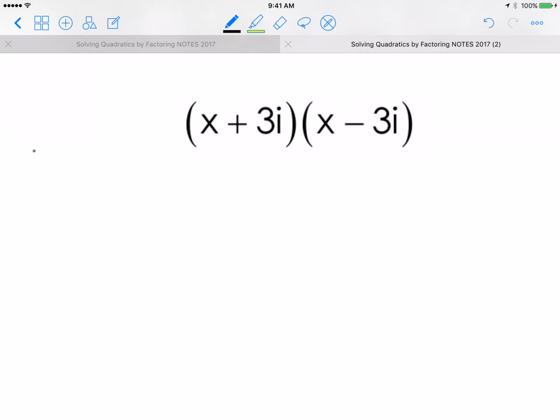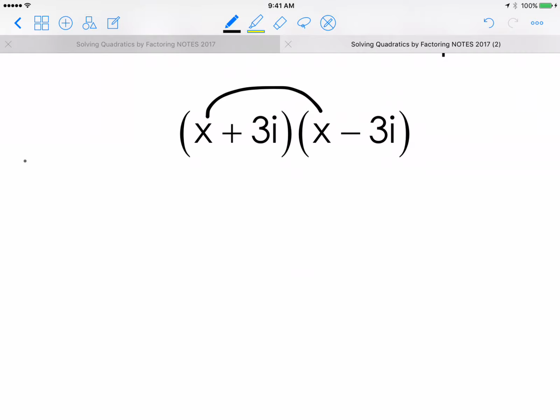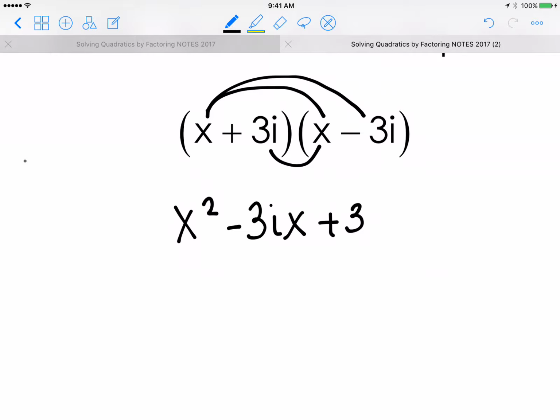So let's see what happens when we FOIL these together. x times x gives x squared. x times negative 3i gives us negative 3ix. Then 3i times x gives us plus 3ix. And then we multiply our last terms: 3i times negative 3i gives us negative 9i squared.